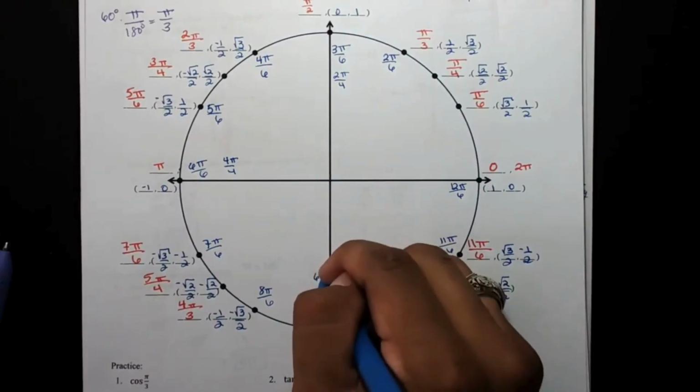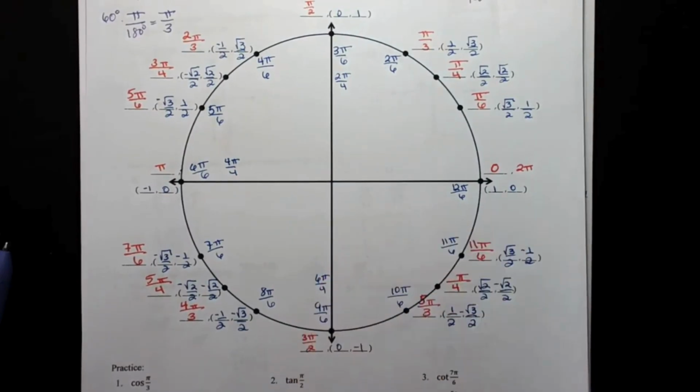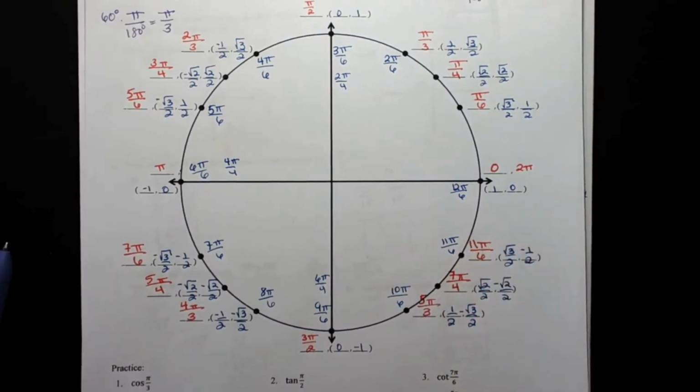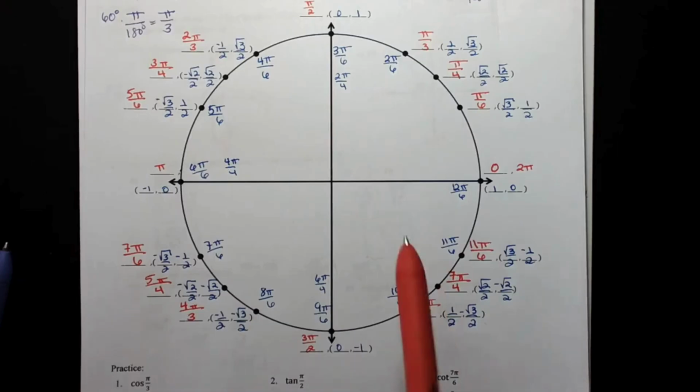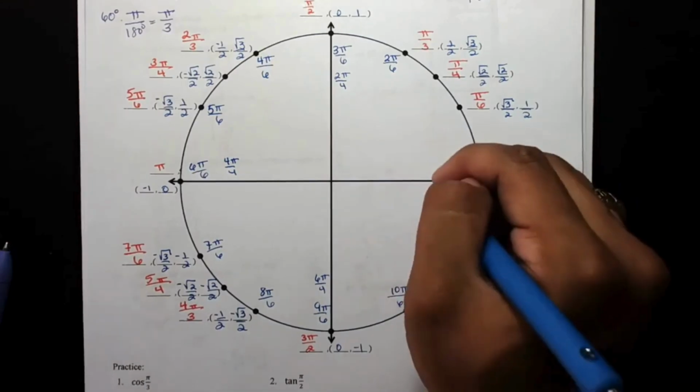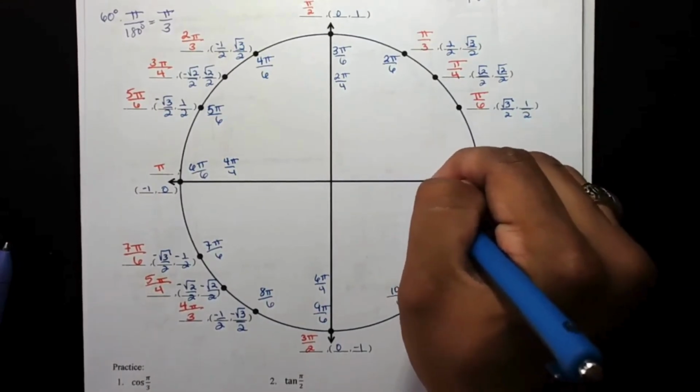You can think about this being 6 pi over 4, which reduces to 3 halves. And then over here is 7 pi over 4. So look at that pattern. If we go through the whole unit circle by pi over 6's, then we can figure out what each of the 30-degree increments are. And we can do the same thing with 45. And then you can kind of think about 2 pi being 8 pi over 4 if you wanted to continue the pattern.